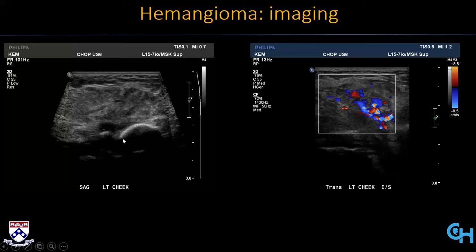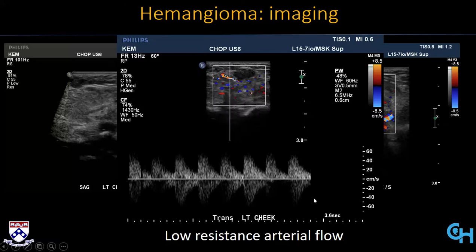There may be some heterogeneity in the parenchyma and the stroma due to the vasculature. On color Doppler imaging, you will see profuse vascularity, and when you interrogate the spectral waveform, you will see low resistance arterial flow. So these are all classic features of hemangiomas on ultrasound.